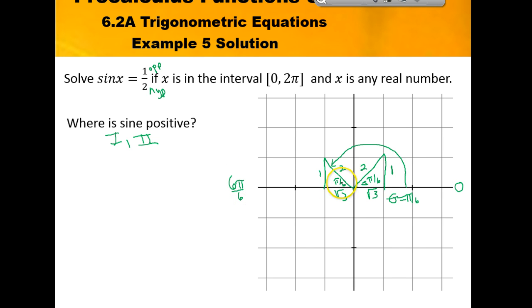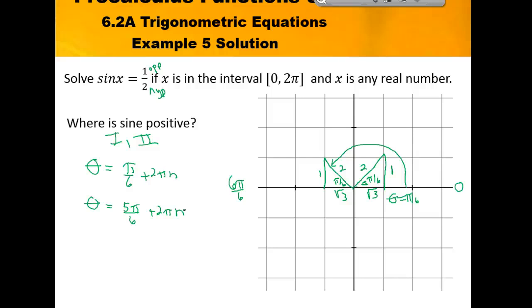So it looks like we're pi over 6 short of actually achieving 6 pi over 6. So that would be 5 pi over 6. So my answers are theta equals pi over 6 plus 2 pi n, and theta equals 5 pi over 6 plus 2 pi n.